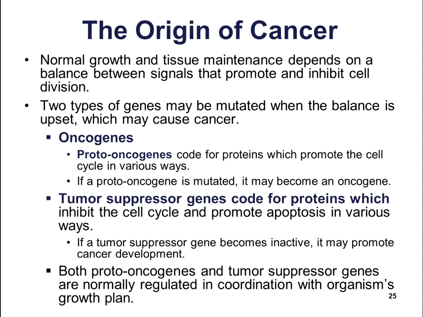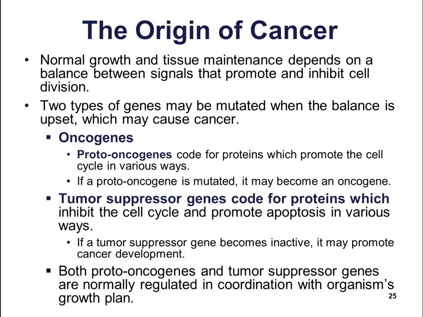Oncogenes, or proto-oncogenes, code for proteins which promote the cell cycle in various ways. If one of these is mutated, it may become an oncogene. There are also tumor suppressor genes that code for proteins which inhibit the cell cycle and promote apoptosis.